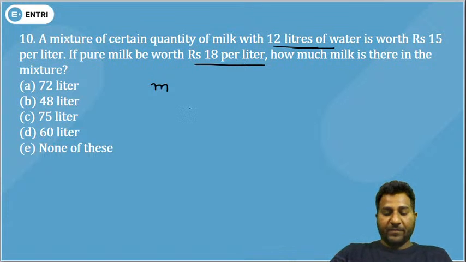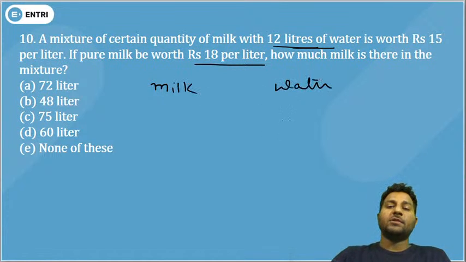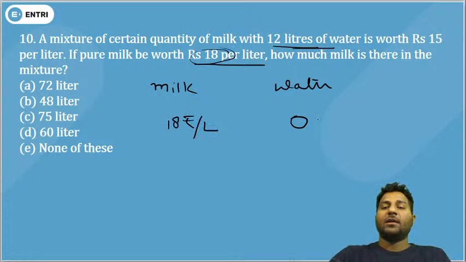So basically we are adding milk with water, and you know that the price of water is nothing but 0. Earlier we had pure milk which was 18 rupees per liter, while water must have been 0 rupees per liter, but the combination of milk and water will become 15 rupees per liter.